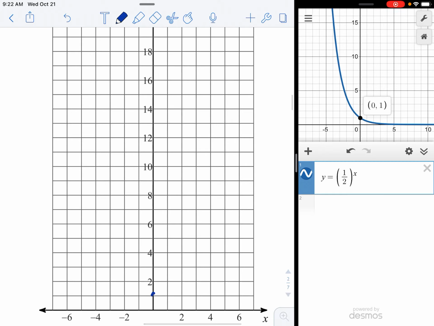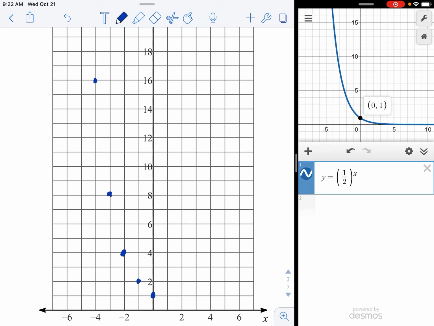So I can save some time by saying, okay, negative 1, 2, negative 2, 4, negative 3, 8, negative 4, 16, just like on the last graph. But you can always just run your finger along there and look for integers to pop up. And like I said, you can do 1 or 2 and you'll be fine just to get the general shape.